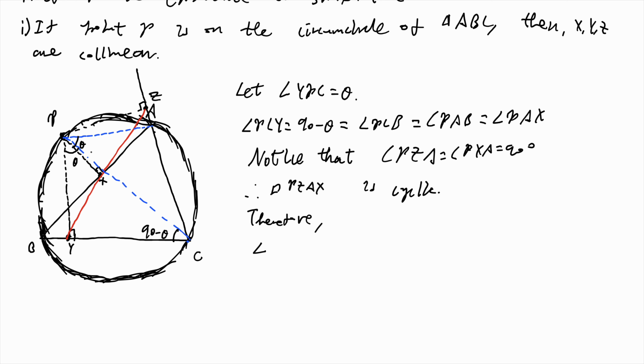This is cyclic, so this one and this one, right? XZA equals, do we have YAC here? No, we don't have YZC here yet.